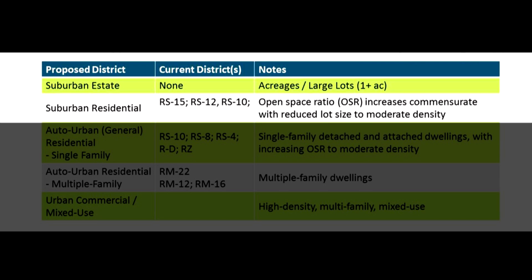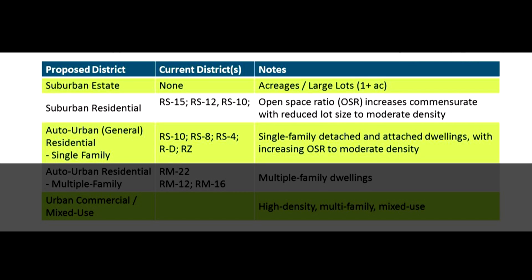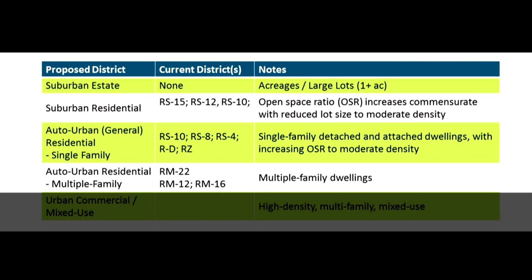Your suburban residential land use classification would include your RS15, RS12, RS10, for example. And then what we're calling auto-urban general residential would include potentially RS10, RS8, the denser types of housing that you have, as well as districts in Murfreesboro. And then the auto-urban residential multifamily, which would equate to your RM 22, 12, and 16.